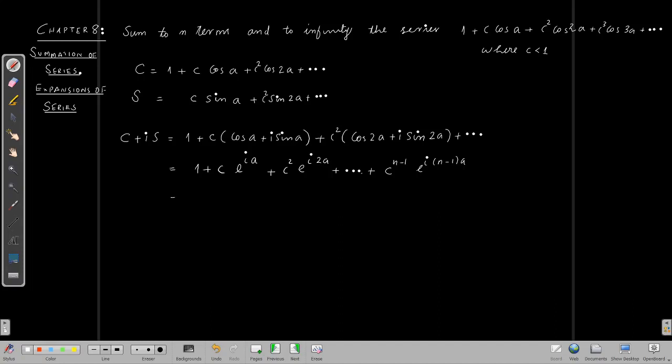Using the formula of GP that we already discussed: suppose our GP is a plus ar plus ar square plus etc. plus ar raised to n minus 1, then the sum is a times 1 minus r raised to n divided by 1 minus r, for r not equal to 1. With the proper condition we can write it as follows.